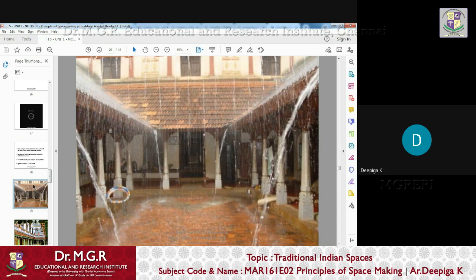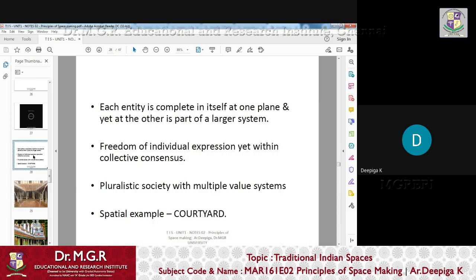So here this entire central courtyard becomes a space of a small world within the house. So the world can be considered as the world itself, the house can be a world, or the smaller inner one would be a world within the world, or whichever. Let me not become more like Kamal Hassan.